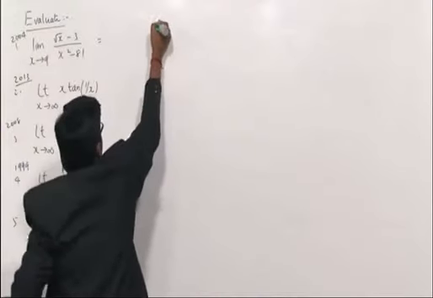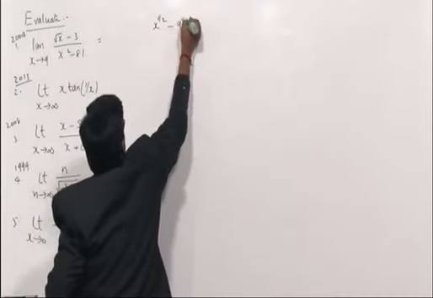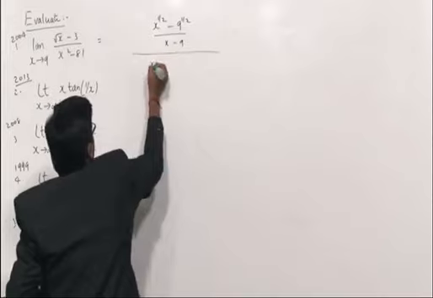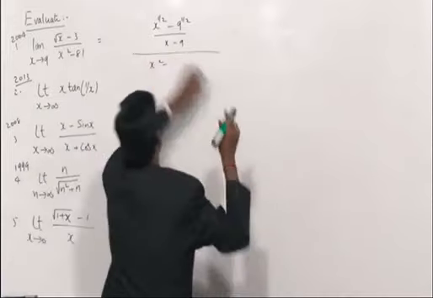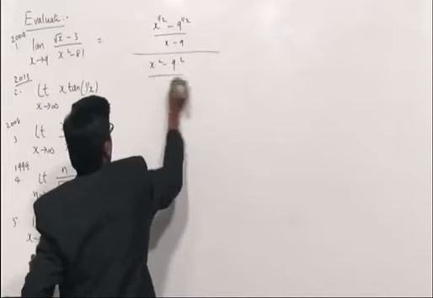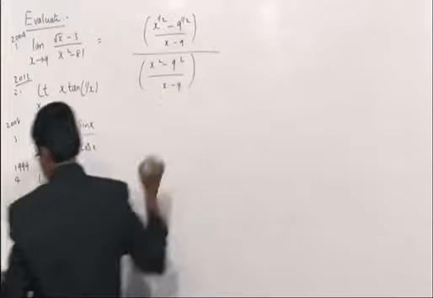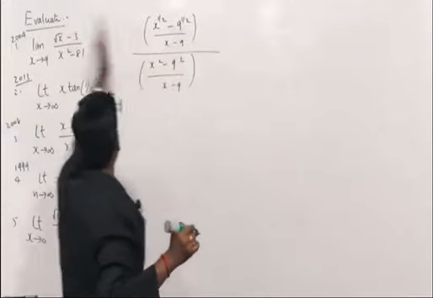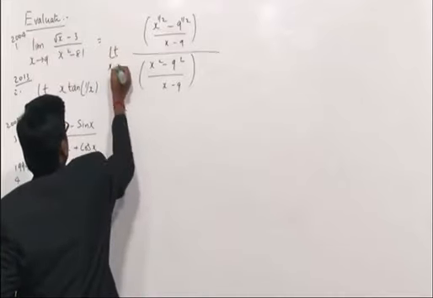Root x is x power half, and 3 can be written as 9 power half, divided by x minus 9; and x square minus 81 can be written as x square minus 9 square, divided by x minus 9. Observe, anyhow the x minus 9 factors cancel, and finally it becomes this. For this we are going to find the limit x tends to 9.